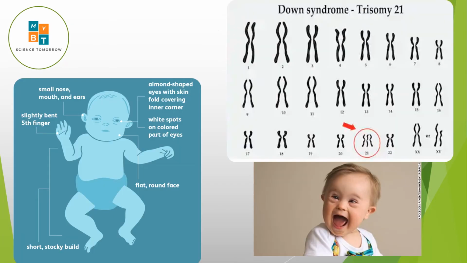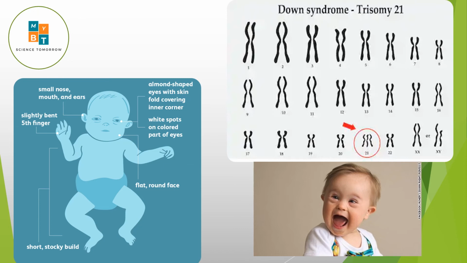Right. First one is Down syndrome. Here it is trisomy 21. That means you will have an excess chromosome, an extra copy of the 21st chromosome. They will have characteristic facial features like this, a short body, and heart defects.